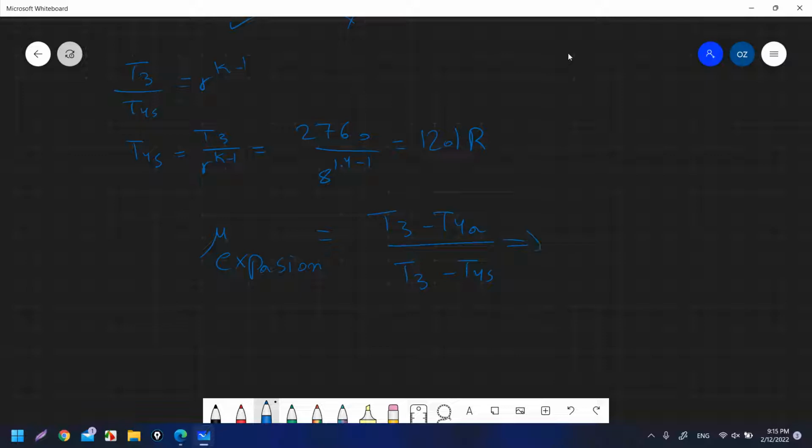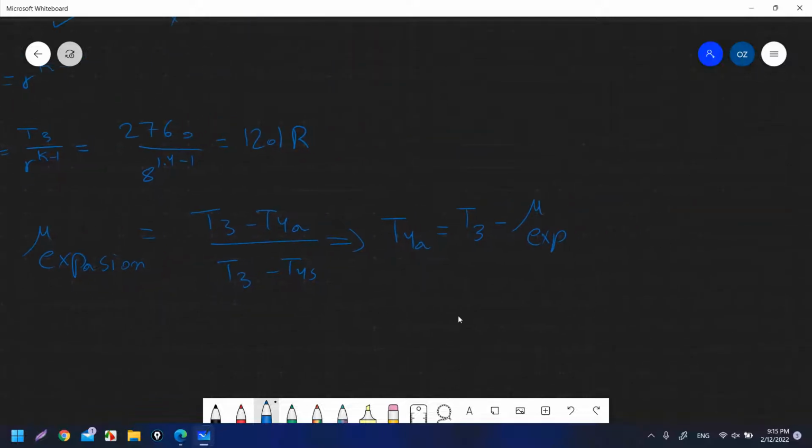If you want to find T4A, it will be equal to T3 minus the efficiency of the expansion times (T3 minus T4S).